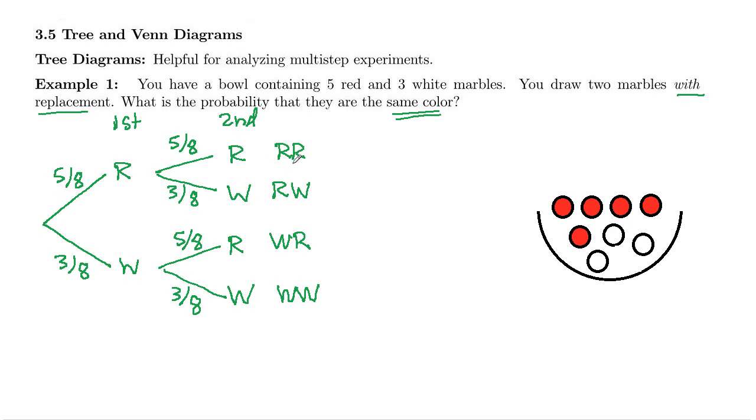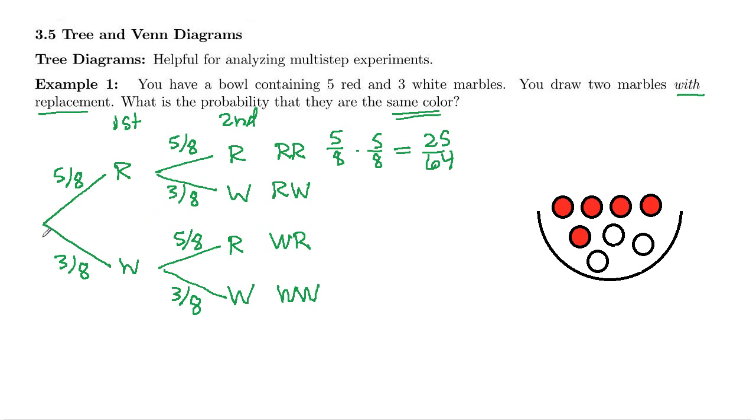And remember, AND probabilities, you multiply. So we multiply the probability of red on the first and red on the second, given that we're starting from red on the first. So we're going to multiply down the branches. 5/8 times 5/8. And that's from the multiplication rule. So 25 out of 64.